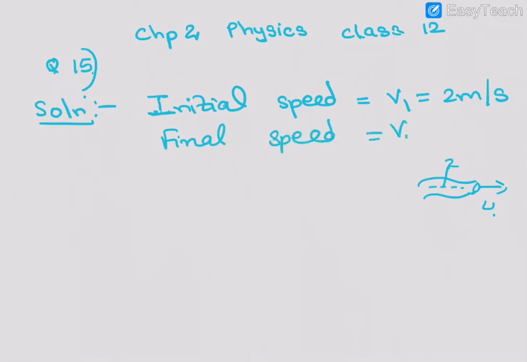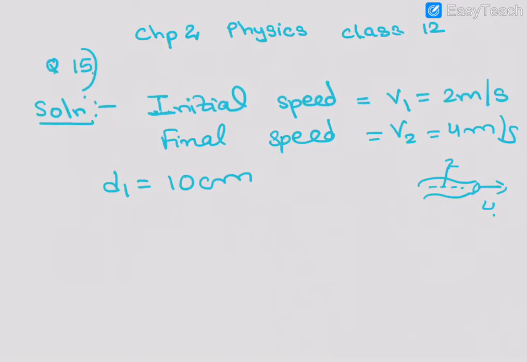As V2 we will take 4 meter per second. Now they have given you the internal diameter of the input, right? So the internal diameter we can take as D1 which is 10 centimeter.